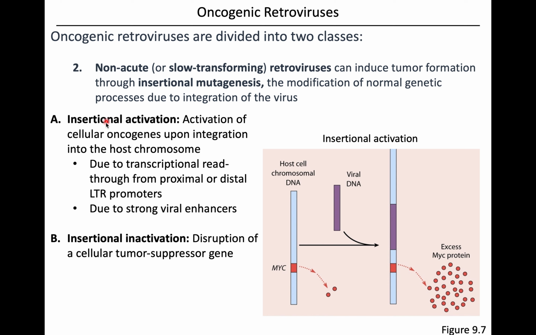Could be insertional activation or inactivation. Here's an example of activation. So in this case, the viral DNA inserts relatively close to this proto-oncogene in the host cell chromosome. This is the MYC proto-oncogene in this case. And what happens is because the viral genes get transcribed at such a very high rate, some of that excess transcription can rub off on neighboring host genes.